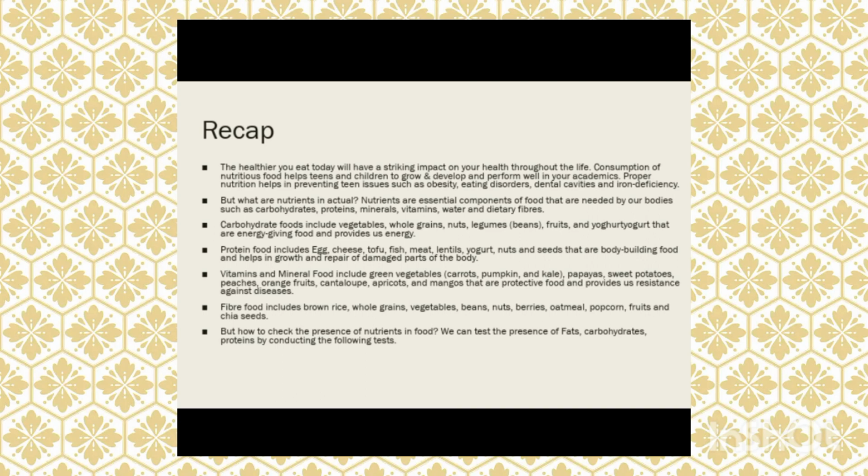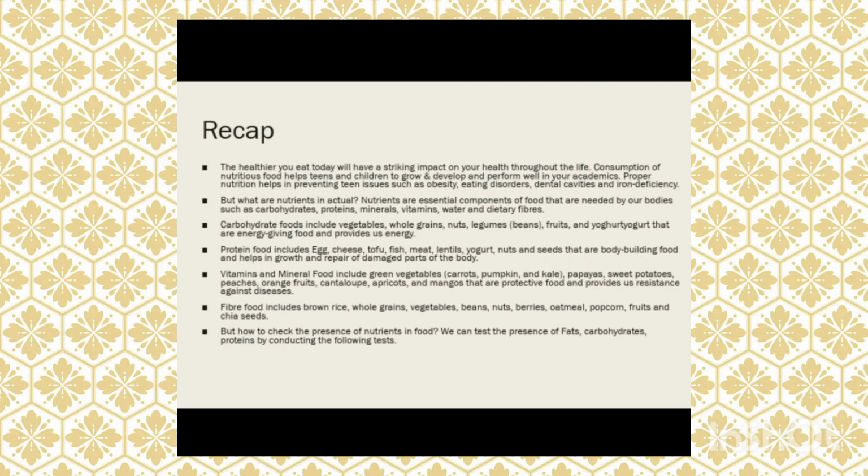Vitamins and minerals food include green veggies like carrots, pumpkin and kale, papayas, sweet potatoes, peaches, orange fruits, cantaloupe, apricots, and mangoes that are protective food and provide us resistance against diseases.